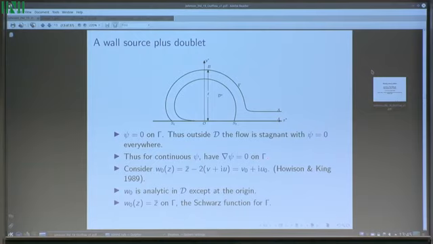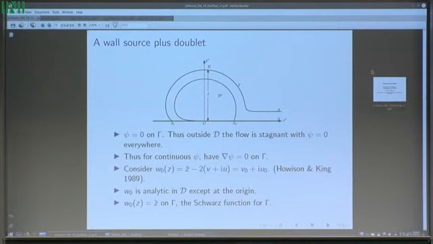And then what we could do is we just introduce a particular solution which has unit vorticity in the region D to get rid of the vorticity in the fluid, plus a solution with no vorticity. This is the particular solution. When we add it to our solution, we get a solution that has no vorticity, an irrotational flow.